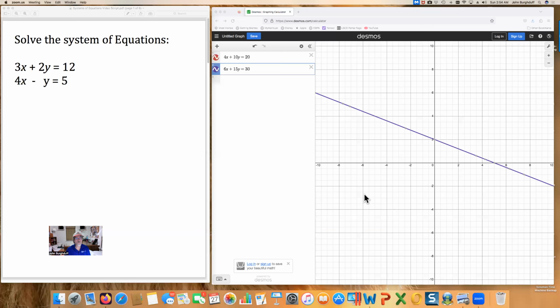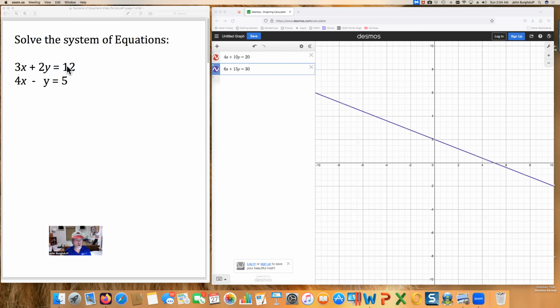You will see over on the left two equations. This is in fact called a system of equations. There are two equations and two variables. If you will notice, there are no exponents on any of the variables. There are no rational expressions. There are no radical expressions.